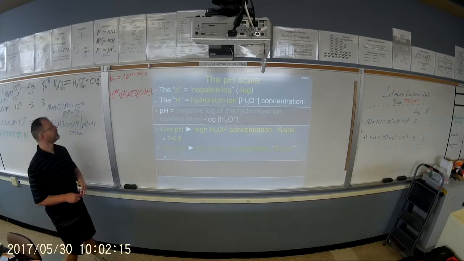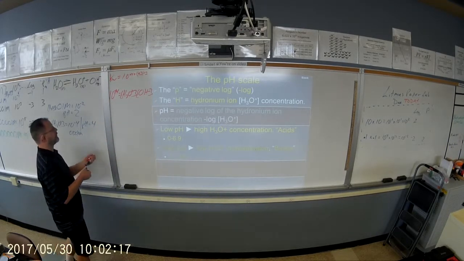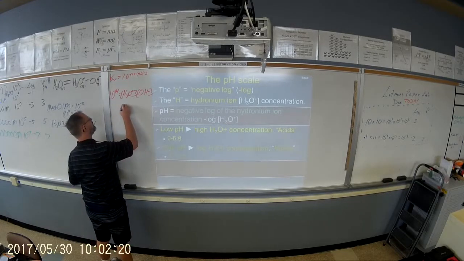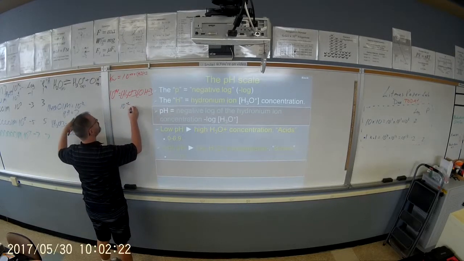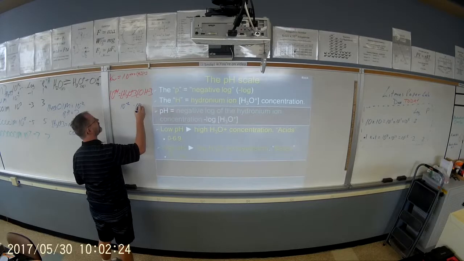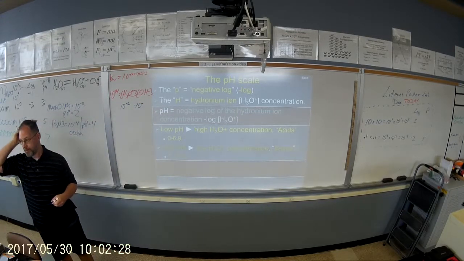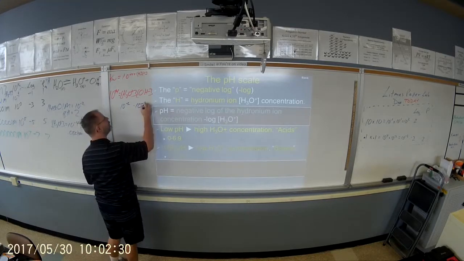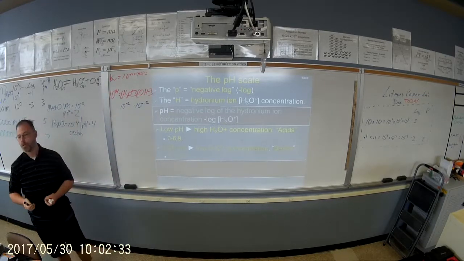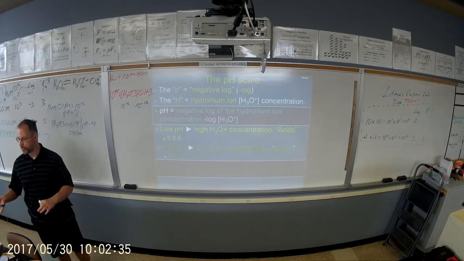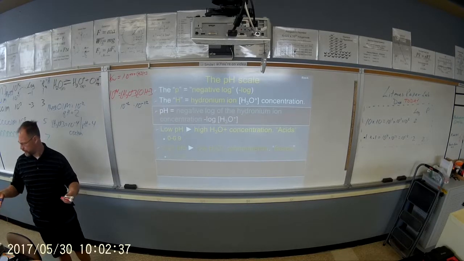It's really neat. So if your hydronium ion concentration is 10 to the negative 2, then your hydroxide concentration has to be 10 to the negative what? 12. Yeah. For those who remember their logarithms, when you multiply numbers with exponents, it's like adding the exponents.